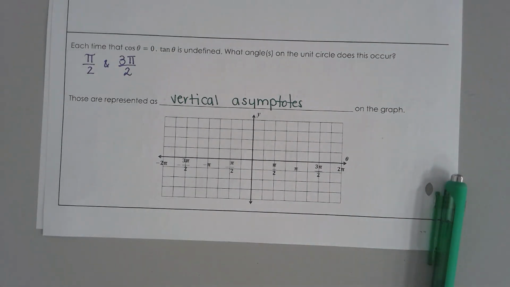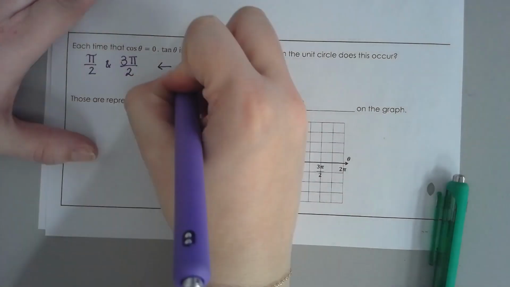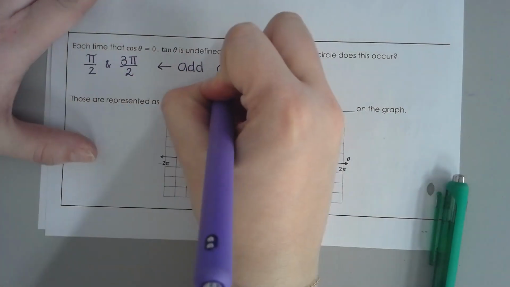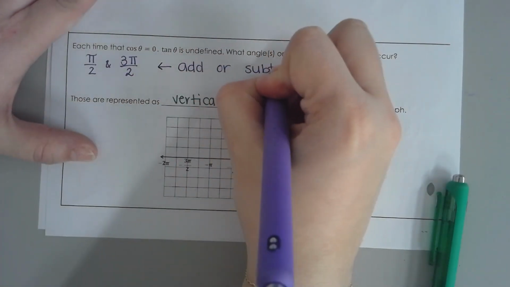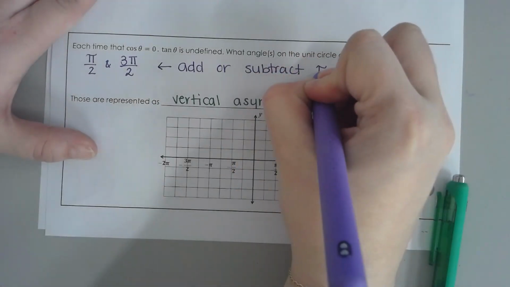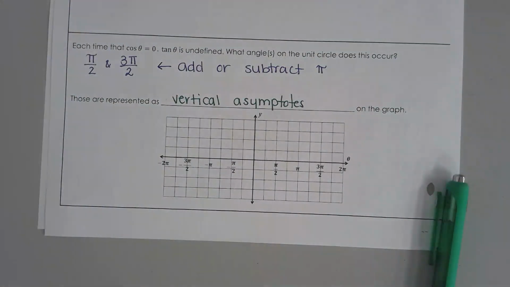But we know with trig, it just keeps going around and around a circle. So it's at pi over 2, it's at 3 pi over 2, and then when you start repeating, you just keep adding or subtracting pi. Because we know with periodic functions, every time you hit that period, it repeats.